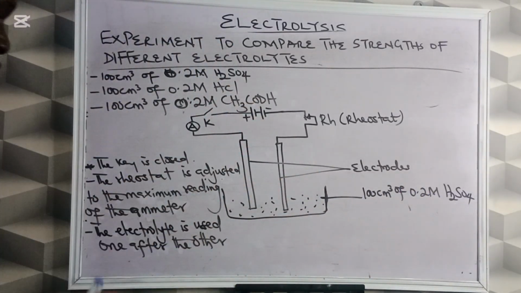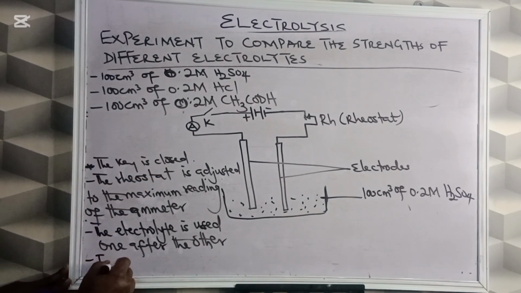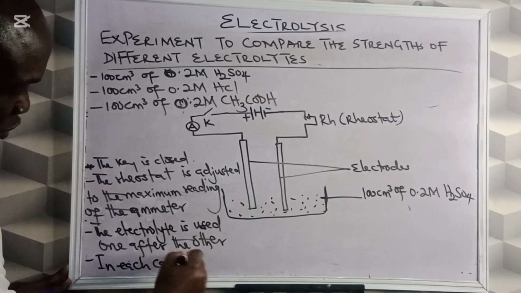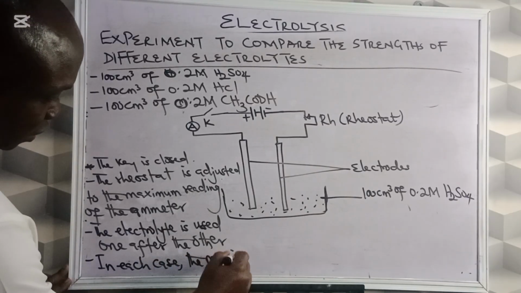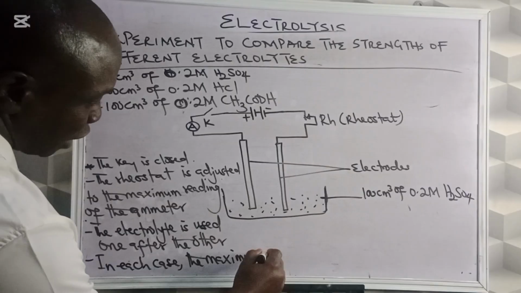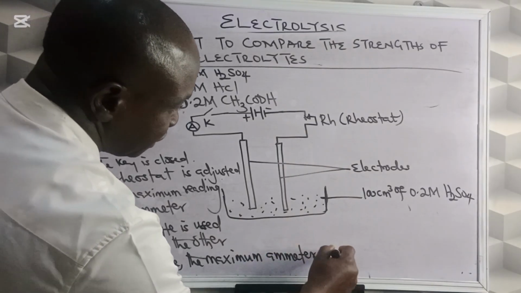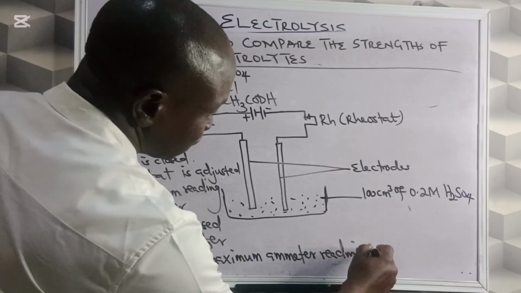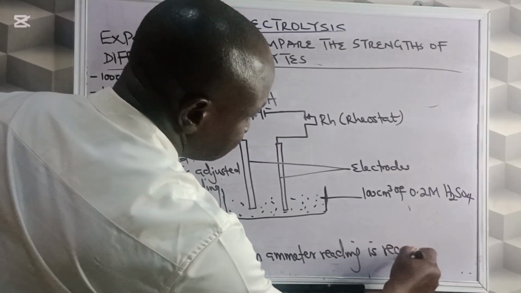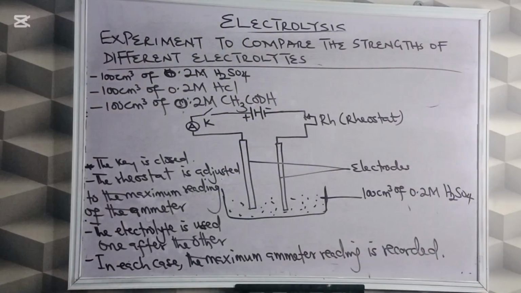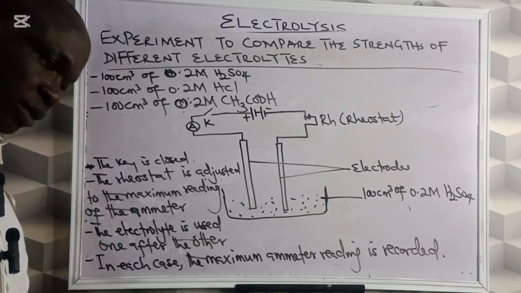In each case, the maximum ammeter reading is recorded. So you are going to record the maximum ammeter reading in each of the electrolytes.